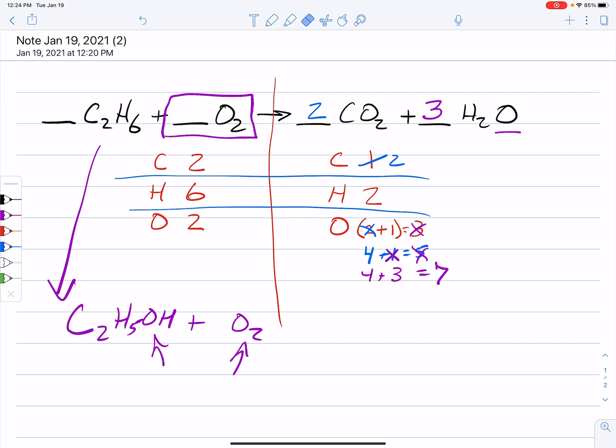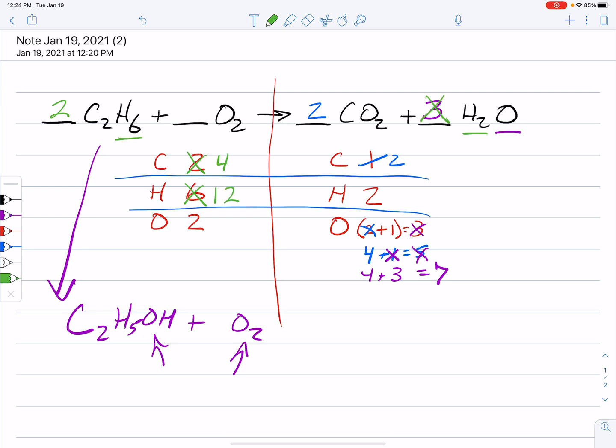So let me erase this. All right. And grab another color. And so because of that, I'm going to have to come and deal with these hydrogens. And so put a 2 there. Well, that 2 distributes. That becomes 4. That becomes 12.